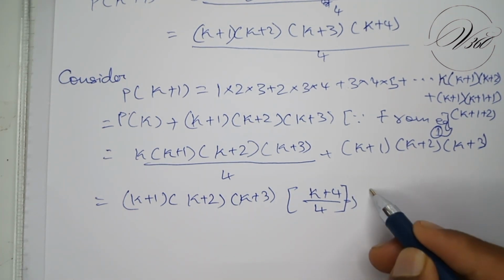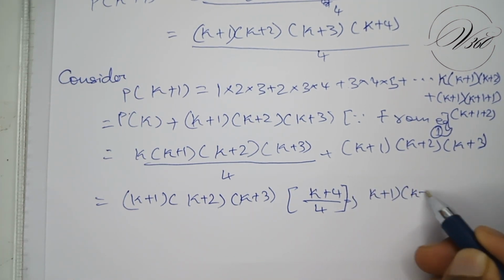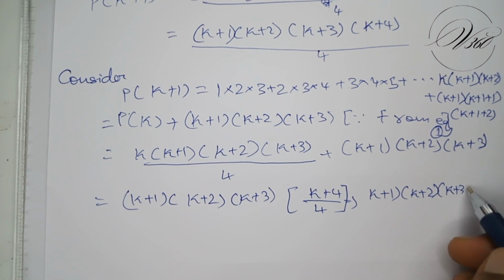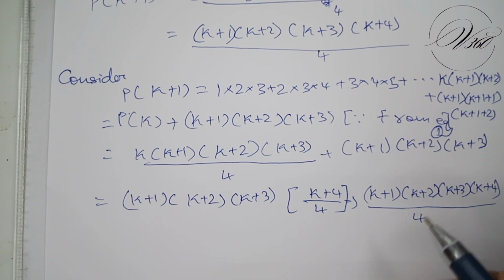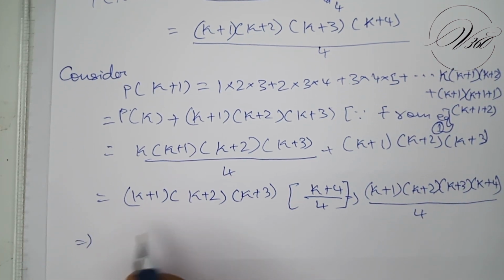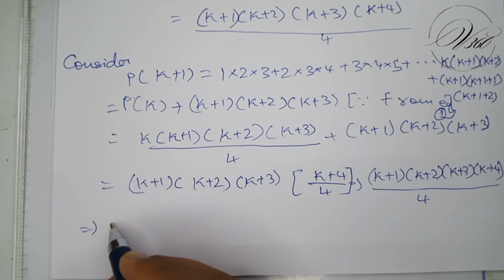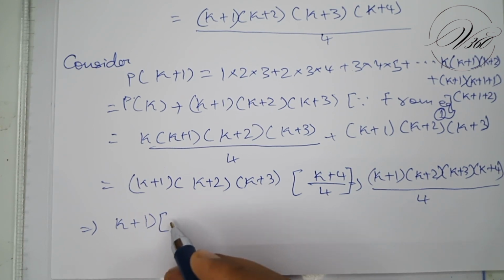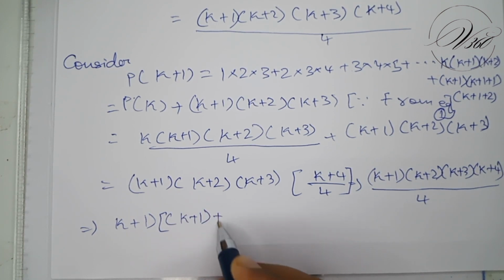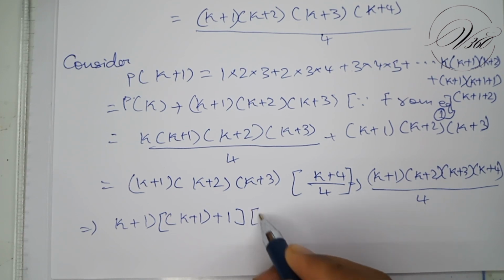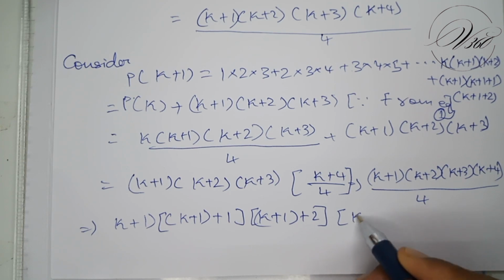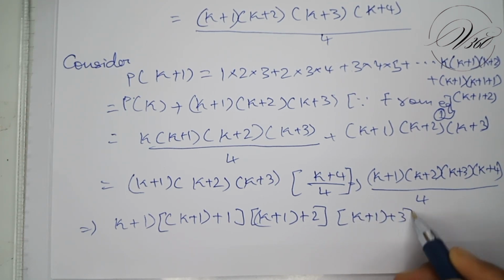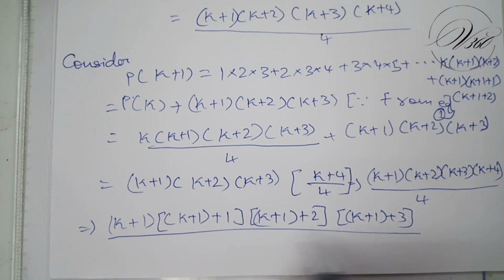Now this is equals to k plus 1 of k plus 2 of k plus 3 of k plus 4 by 4. Now here we'll get total, that is k plus 1 of k plus 1 plus 1 of k plus 1 plus 2 of k plus 1 plus 3 by 4.